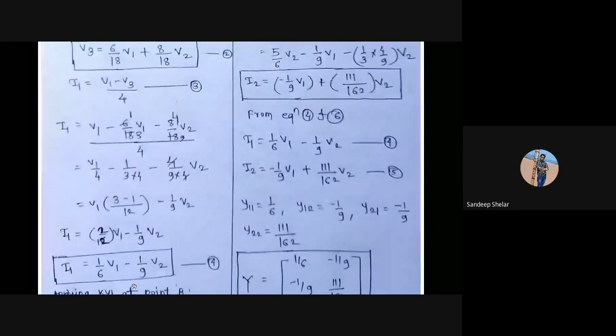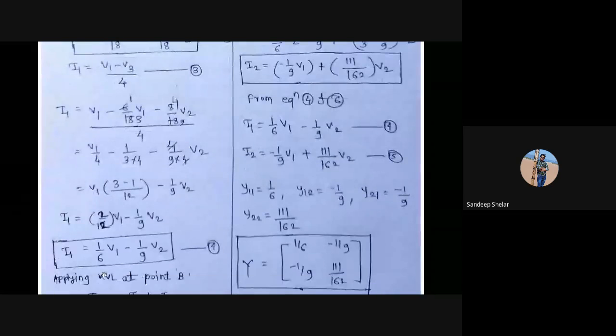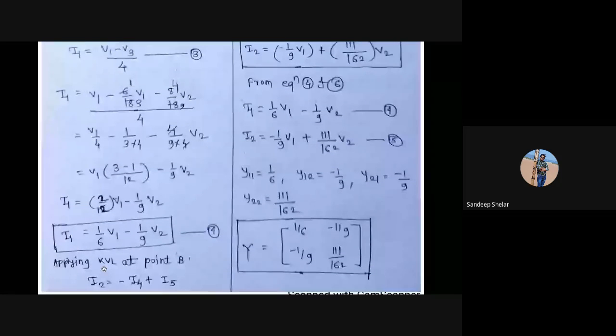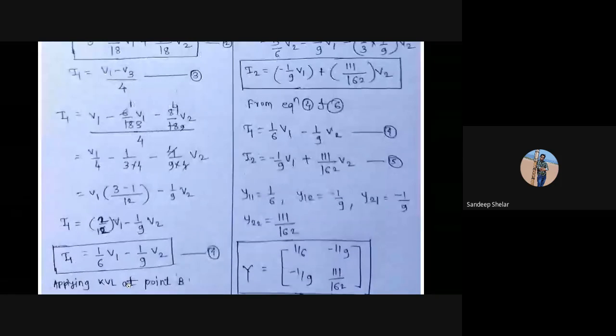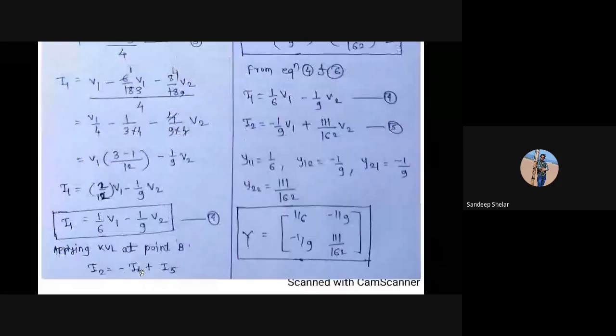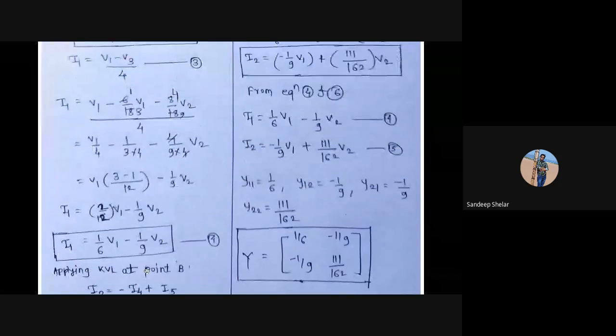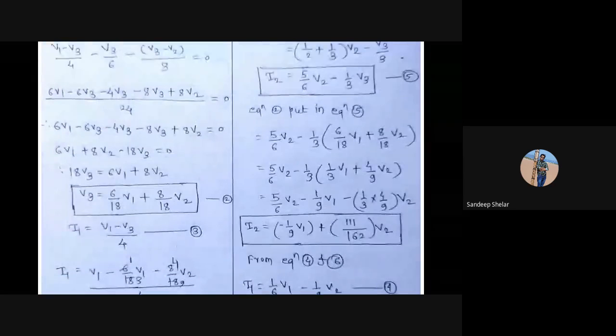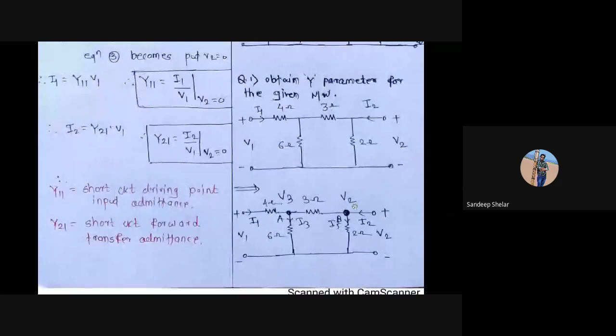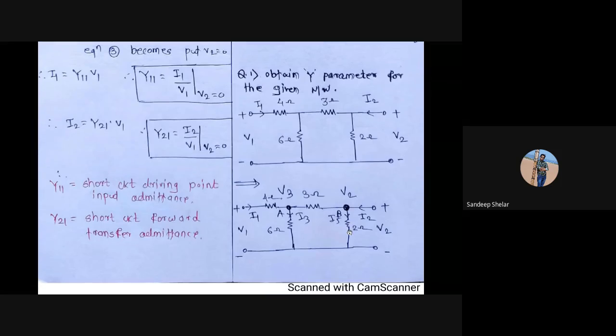Now again apply KCL at point B, that is I2 is equal to minus I4 plus I5. Apply it at point V2, that is I2 is equal to, because the current I4 is flowing through the 3 ohm resistance in the opposite direction, I2 is equal to minus I4 plus I5.